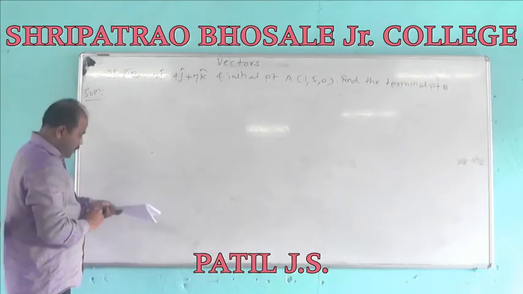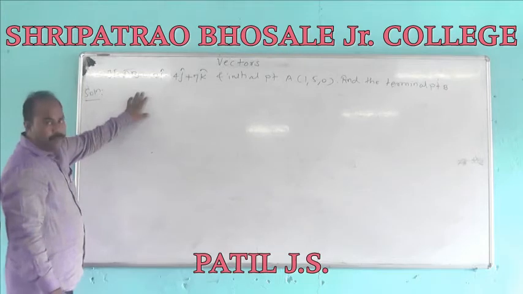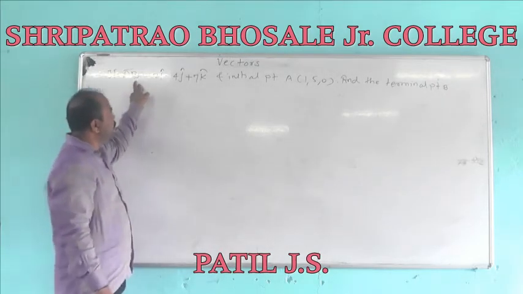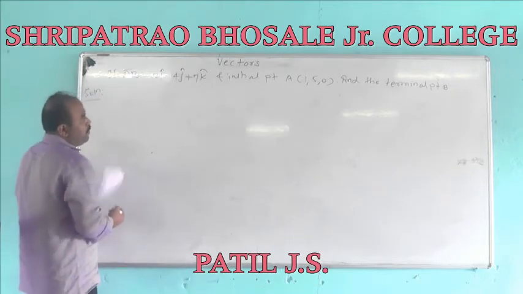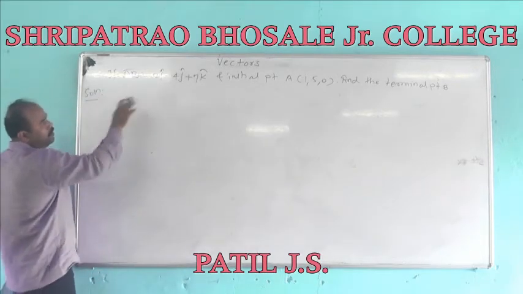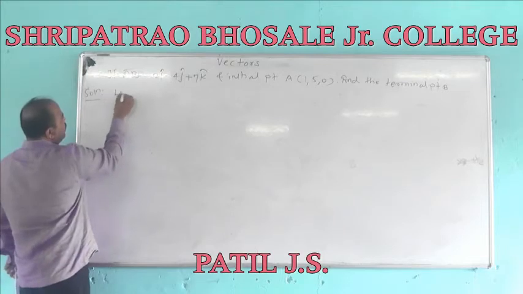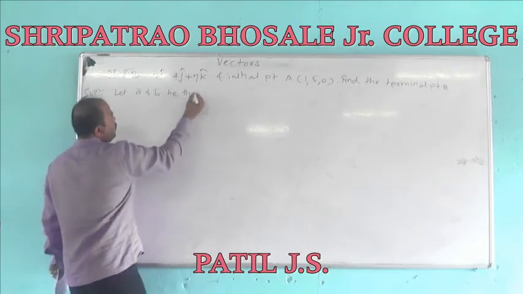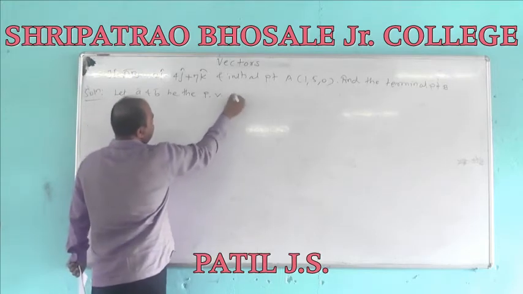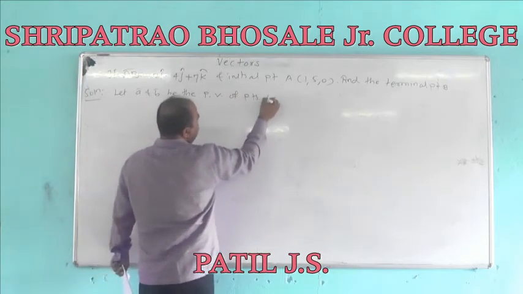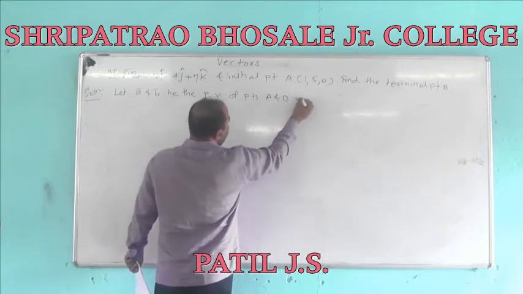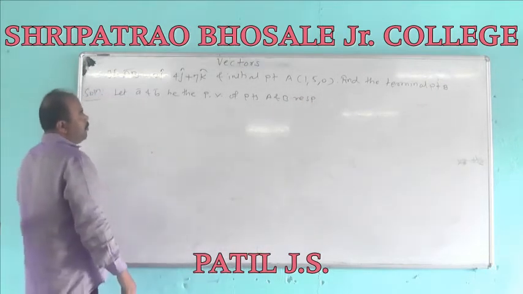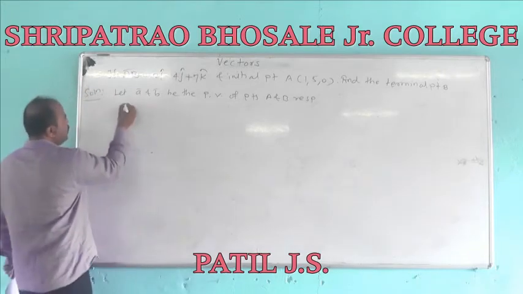Solution. We know that in the vector AB, A is the initial point and B is the terminal point. First, you have to find the terminal point B. Then let A bar and B bar be the position vectors of points A and B respectively.